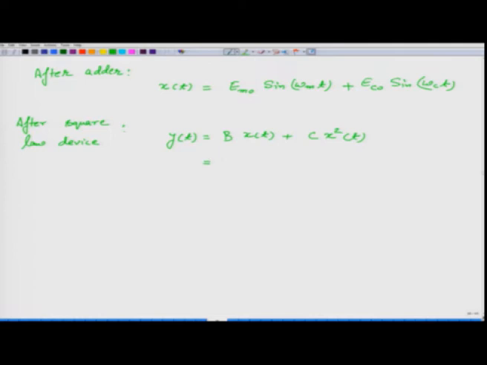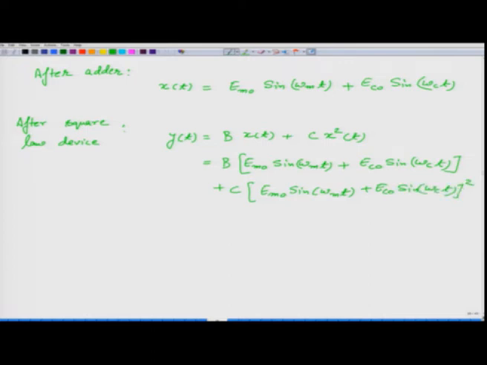This will be equal to b times E m naught sine of omega m t plus E c naught sine of omega c t, plus c times E m naught sine of omega m t plus E c naught sine of omega c t, squared.